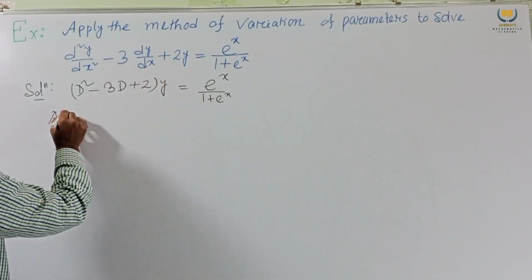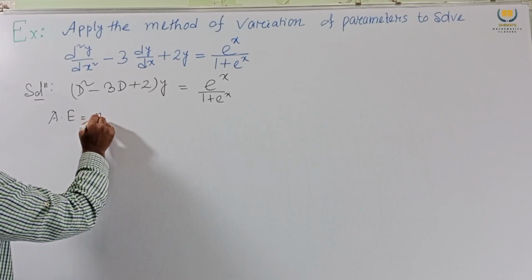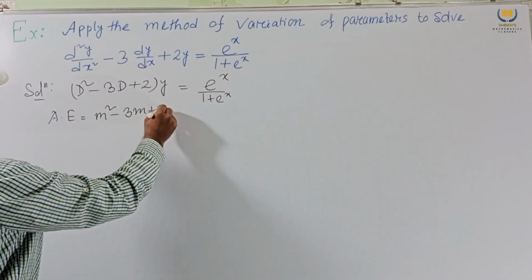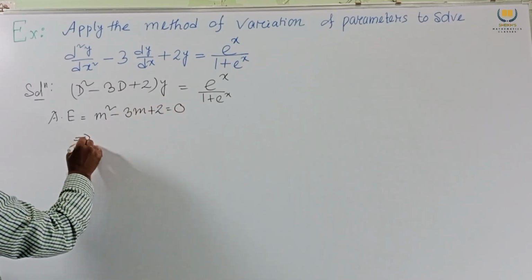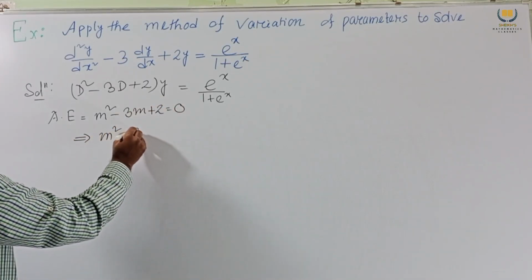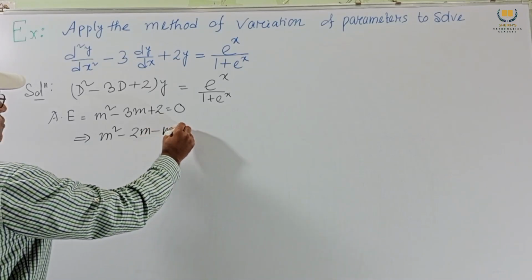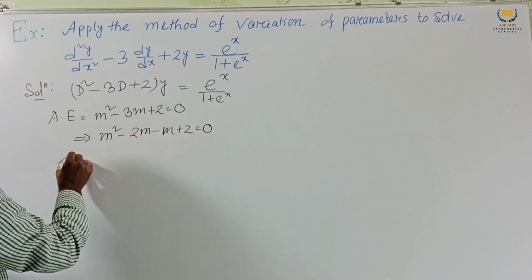And the auxiliary equation is m² minus 3m plus 2 equal to 0. This implies m² minus 2m minus m plus 2 equal to 0 if we factorize.